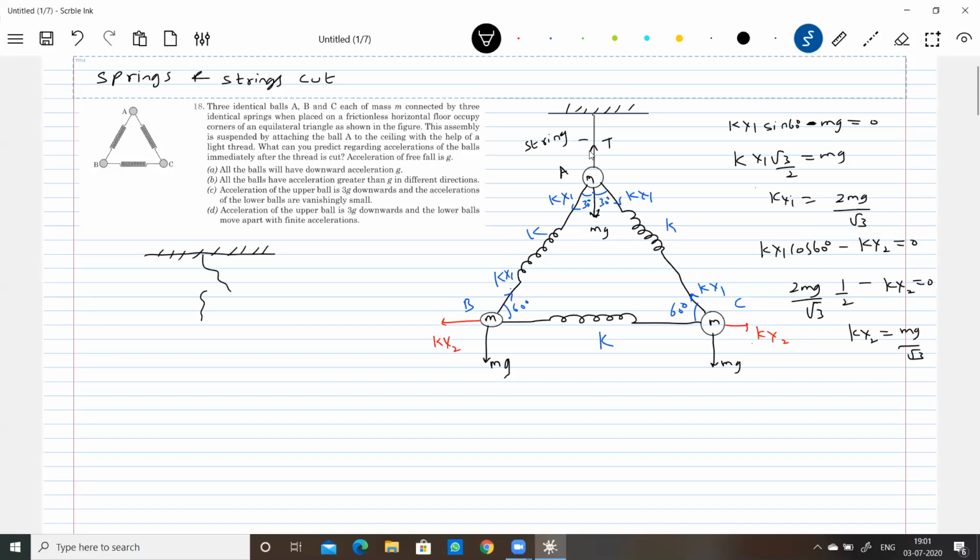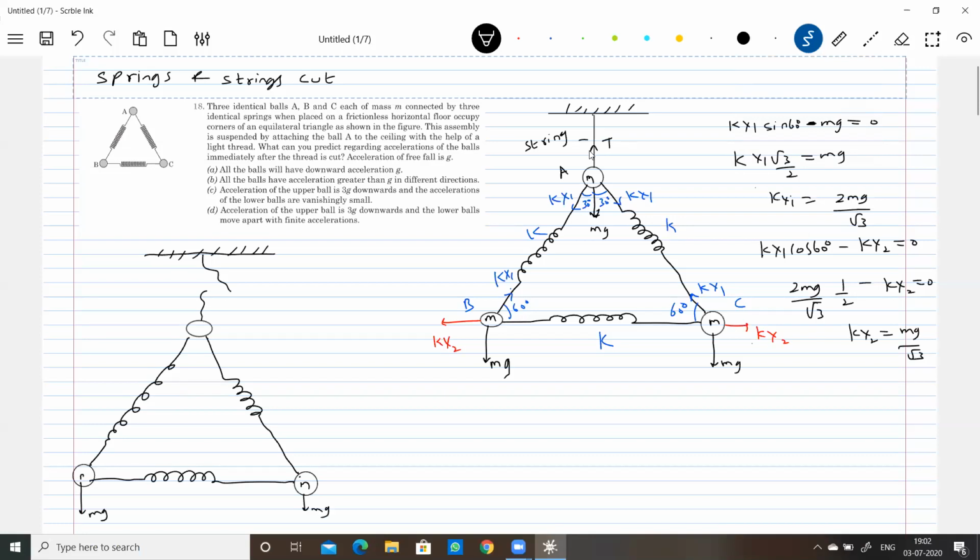This was the string. As usual, weight mg.